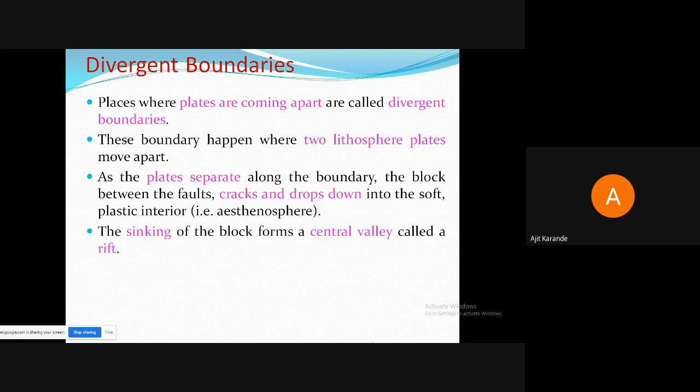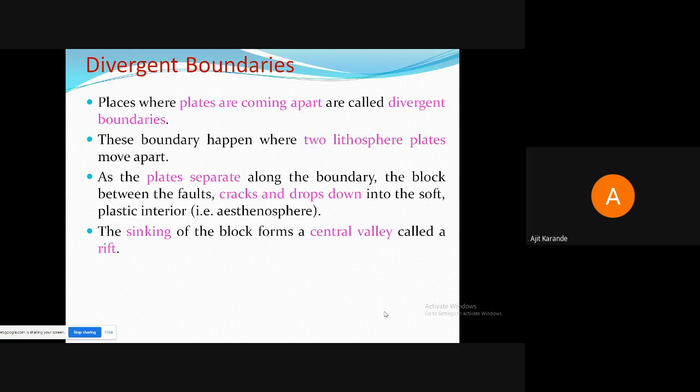Then the sinking of this block forms a central valley. Now, due to sinking, or due to repulsion in between two plates, the central valley is formed, and this valley is generally called the rift. So these types of boundaries occur along the spreading centers where plates are moving away from each other.